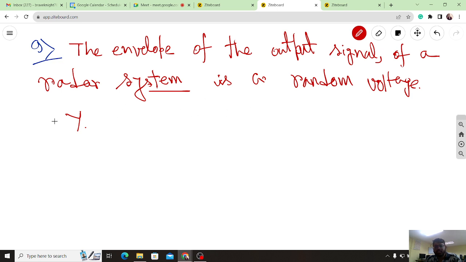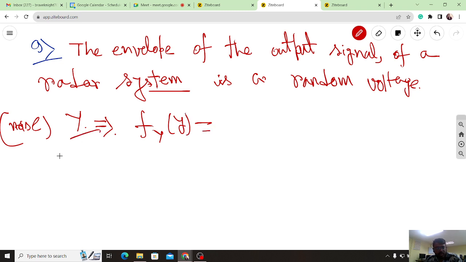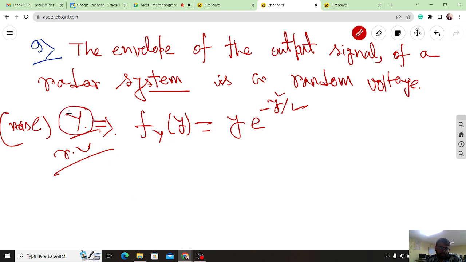This is random because there is presence of noise. So the distribution of y, that is random variable y, this RV, is given as y e to the power minus y square by 2. As this y is a received signal, it may have two cases. First, it gives a true value or a false value when it triggers.